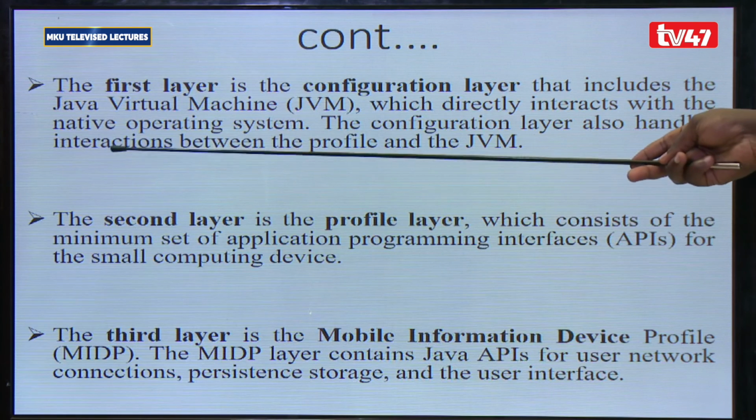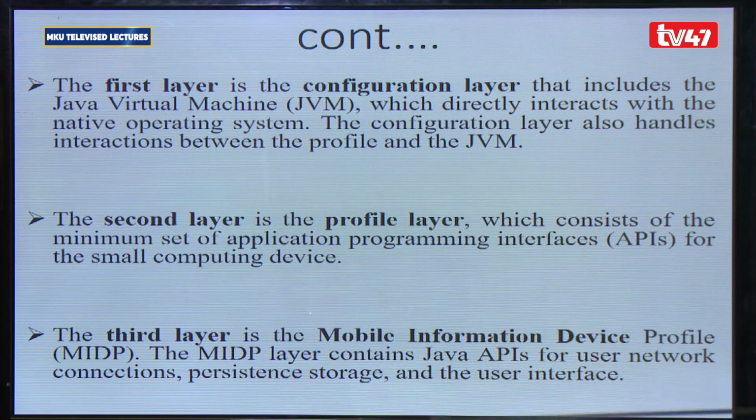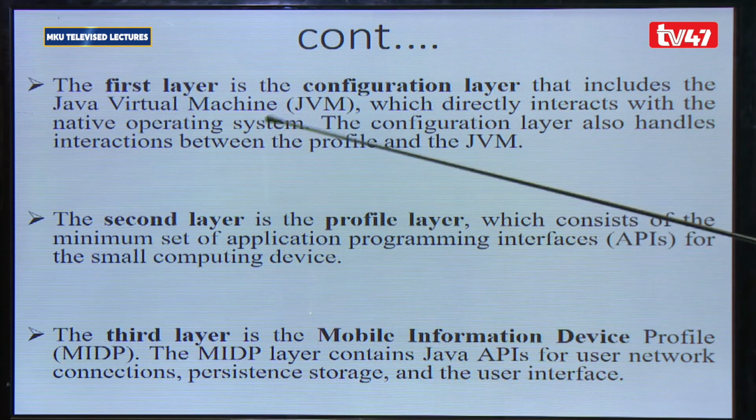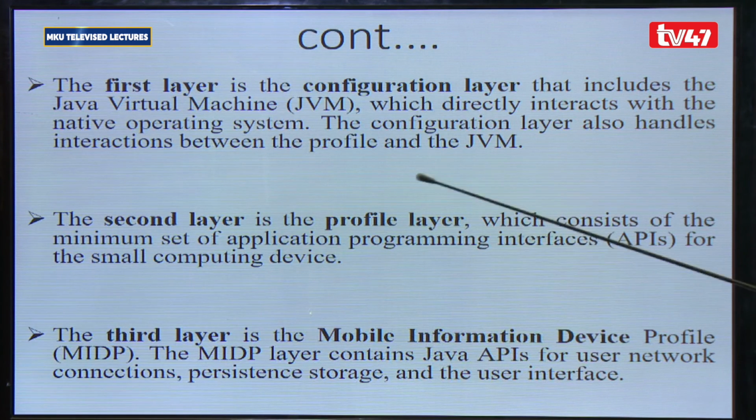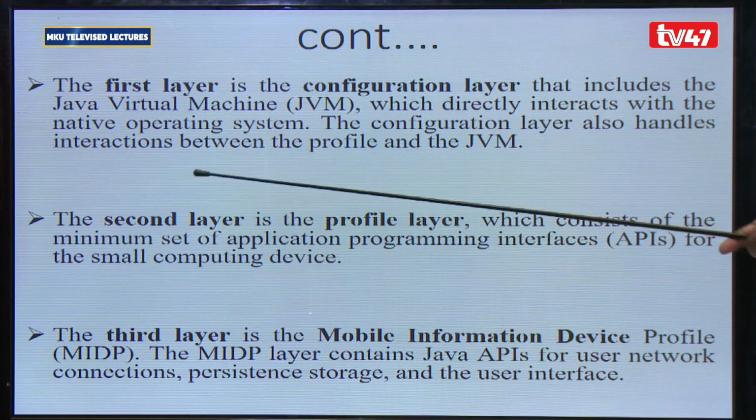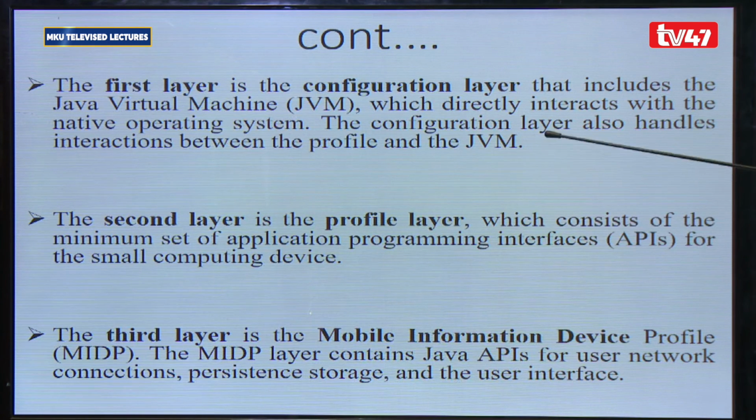Remember, whenever you talk about native, and you're talking about Java, just replace that with Android operating system. That will make you easily understand what you're talking about. The configuration handles the interaction between the profile and the Java virtual machine. So that's the work of the configuration layer.